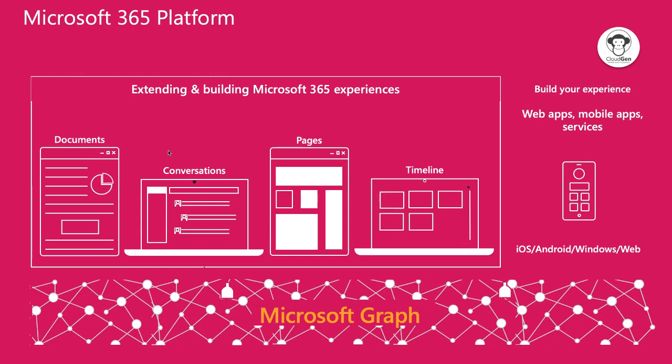And the best part is that there is a unified API, or set of, let's say, you can call it API or service, which gathers everything. And this is known as Microsoft Graph.